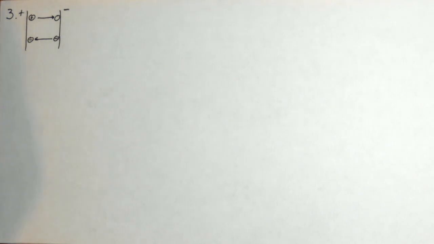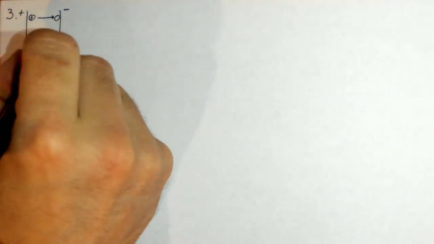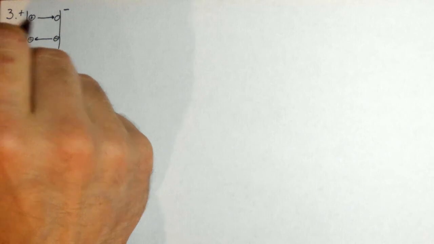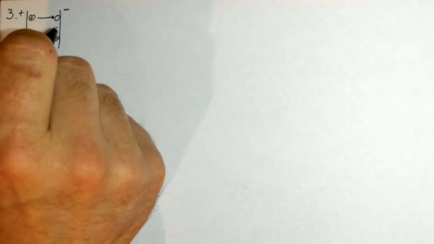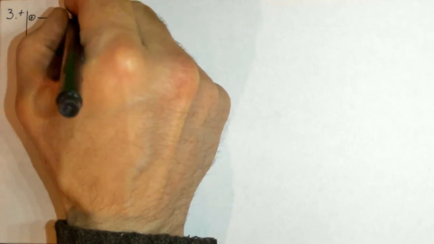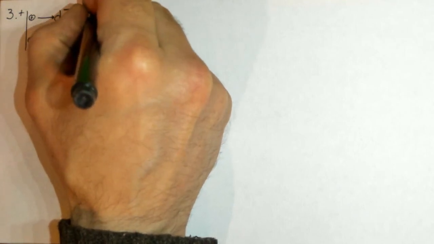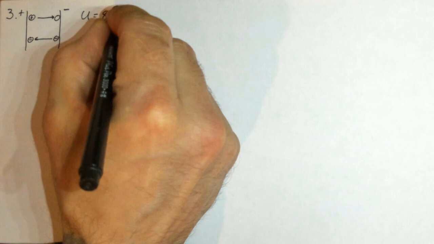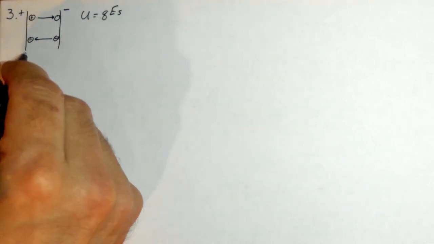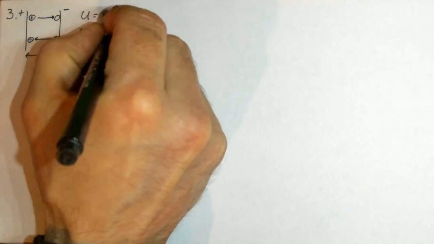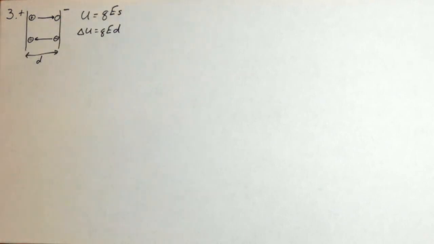Okay, so the thing is that these have the same size charge, just one's opposite the other, but that also just means one's going to move left versus right. And so when we think about the potential energy change, we're going to have the same change, because the potential energy of a charged particle in a capacitor is just QES. And if they go the whole distance, then delta U is just QED.